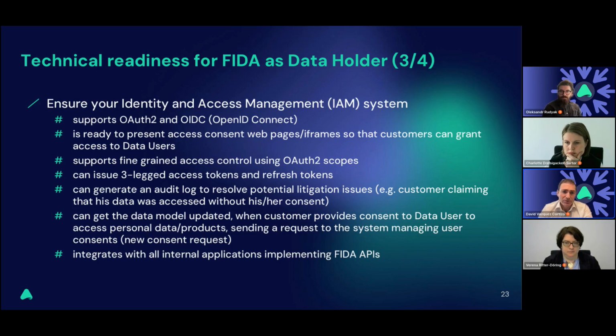When the user revokes consent, this has to be reflected in this component, so that when a new request comes, this component will say yes, you can access the data, or no, you cannot access the data anymore because your consent has been revoked. So this would be the third pillar of the project, making sure that your identity and access management system supports all the capabilities that you will need.